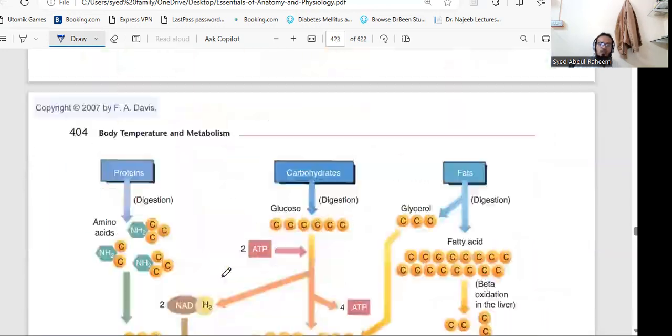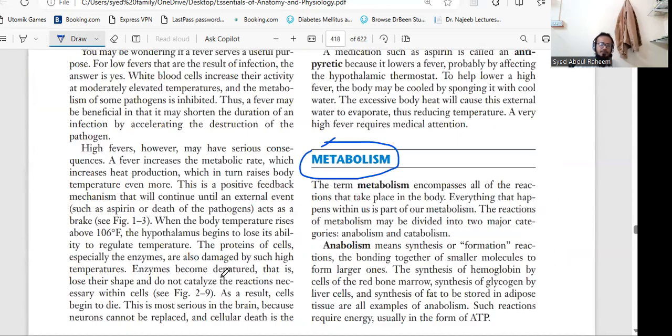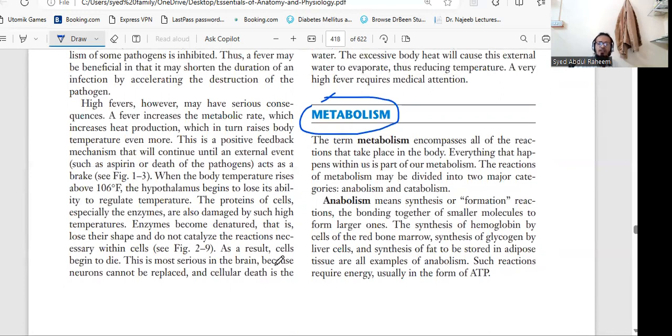So let's start with metabolism, definition and types. So basically, whatever reaction takes place in the body is defined as metabolism only. Okay. So basically, for example, we are eating food, it is entering into our mouth.